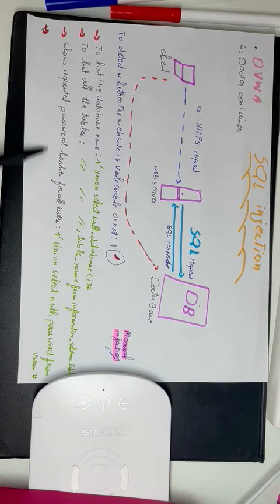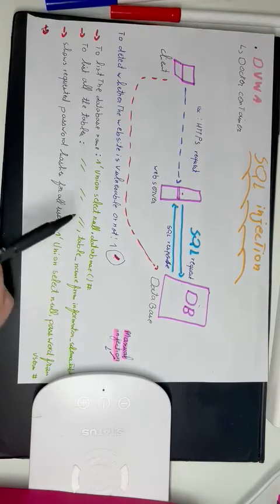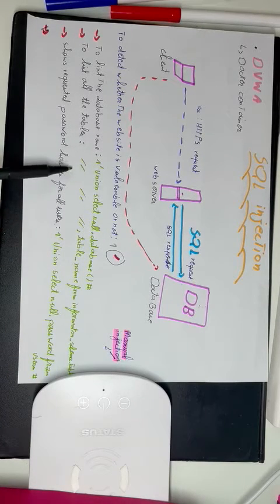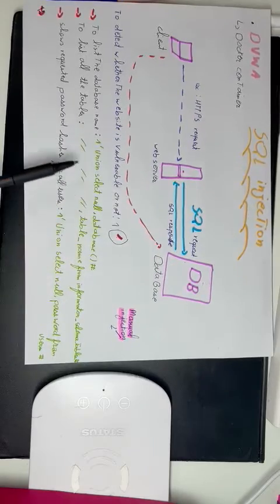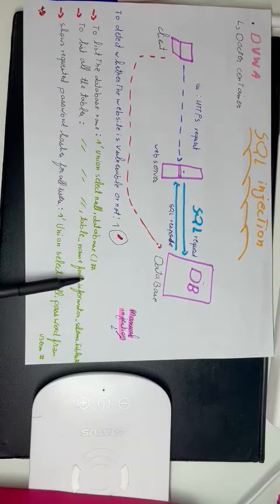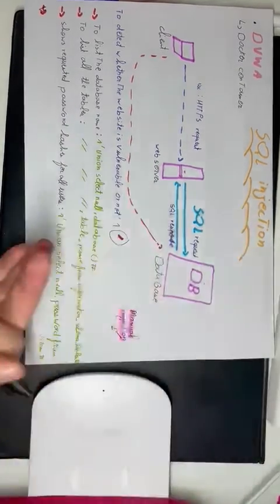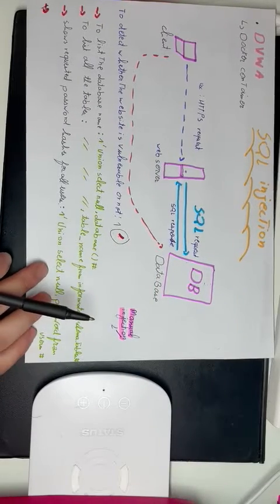And here are some commands that they will inject within these boxes. For example, with this command you can list the database name, so you have one piece of information. The second thing is that they will execute this command, which will allow them to list all the tables within this database.